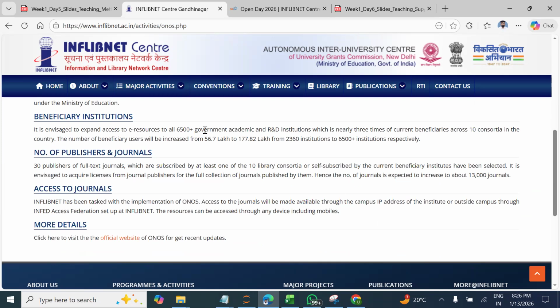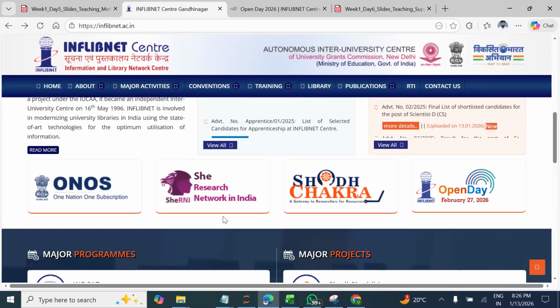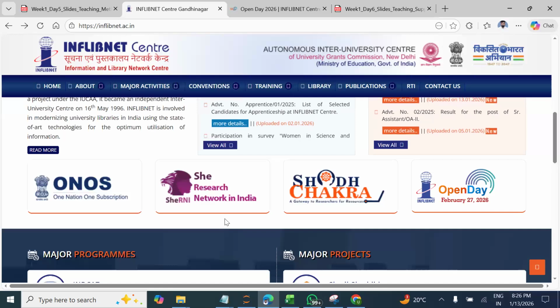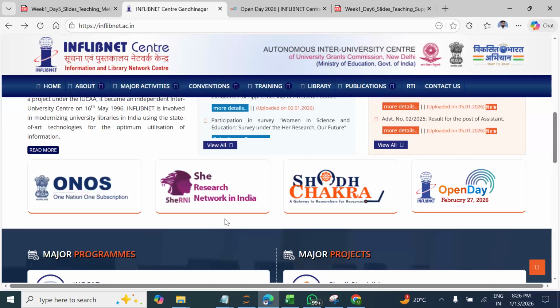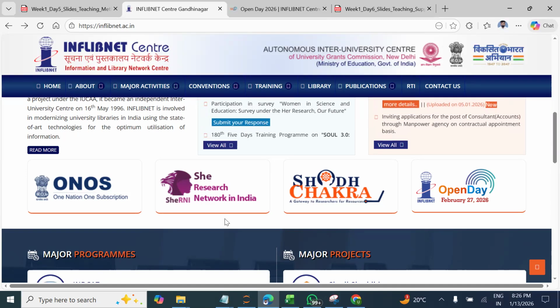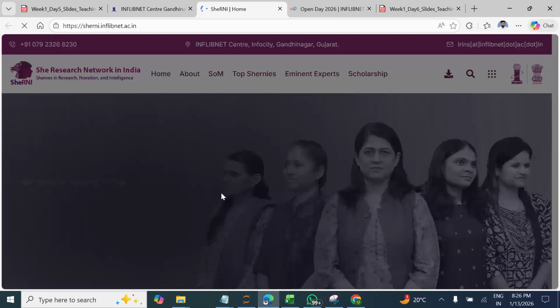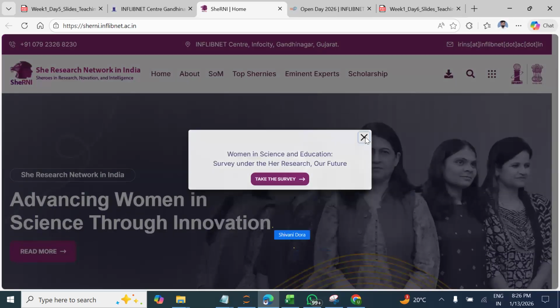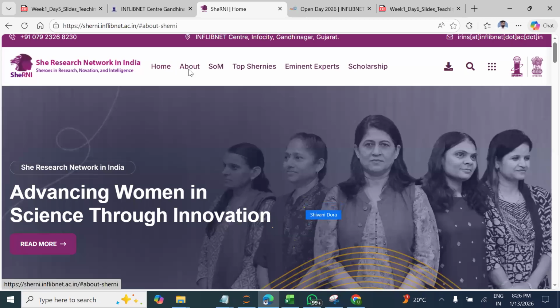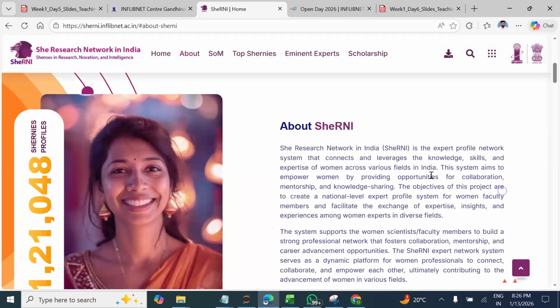Similarly, among the other important initiatives, this is the Women Expert Research Network in India, CERNI. If you go there, you will find it is an expert profile network system that connects and leverages the knowledge, skills and expertise of women across various fields.